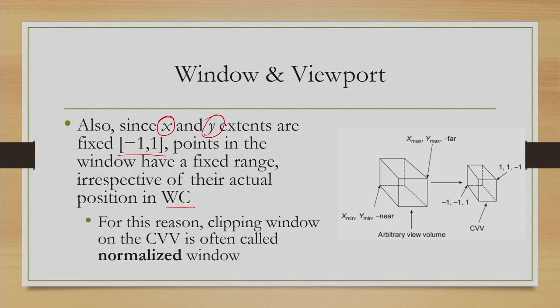And because of this reason, where we are restricting everything within a fixed range, these canonical view volumes are standardized, and the clipping window that is defined on the near plane of the canonical view volume is often called a normalized window. So, here we are dealing with a normalized window where the extent of values are to be within a predefined range.